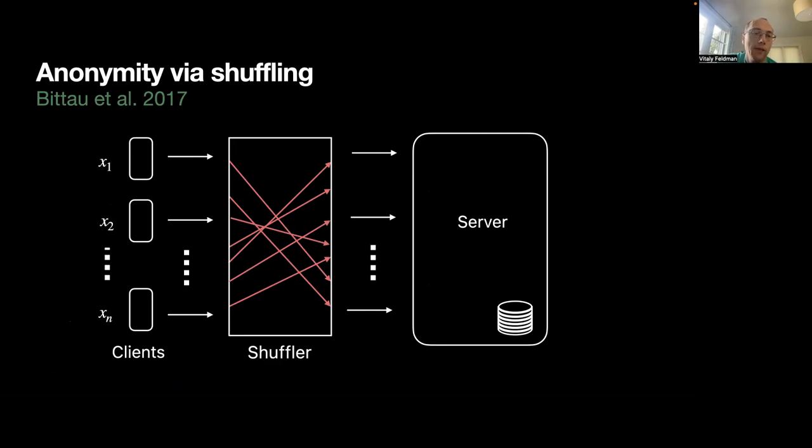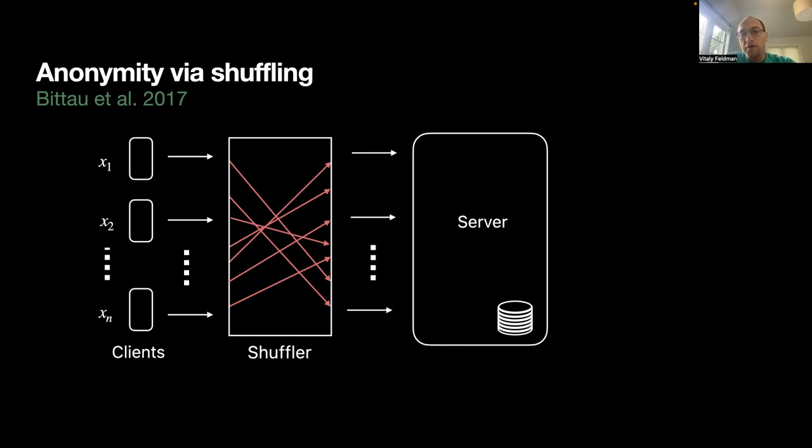So basically, the shuffler will collect all the reports from the clients, shuffle them completely randomly and uniformly, and then give the shuffled responses to the server while removing any metadata or time stamps, anything that could potentially identify the user, leaving only the reports on the data.